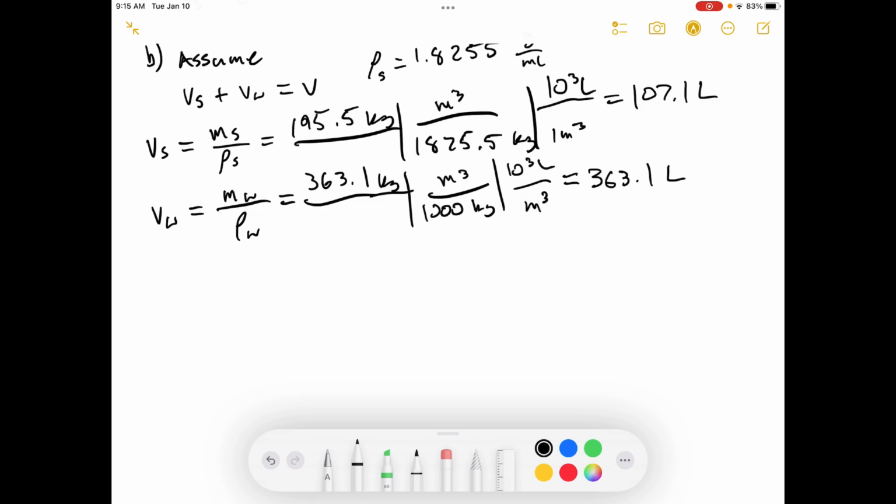Okay, so that is the volume of the water. And now if the volume is conserved, then the total volume is equal to 470.2 liters.